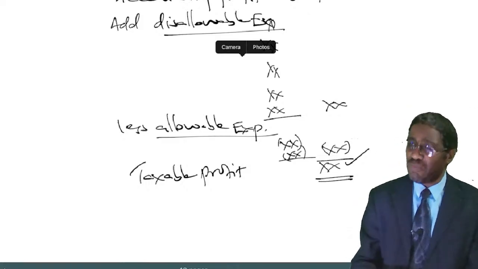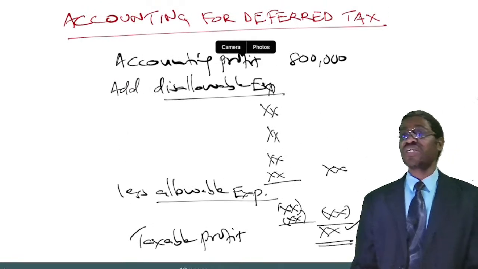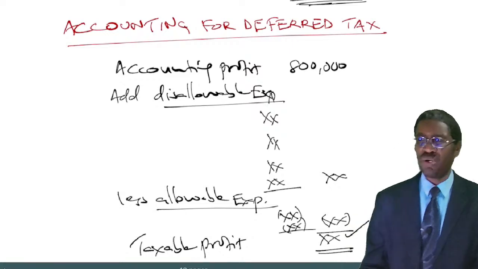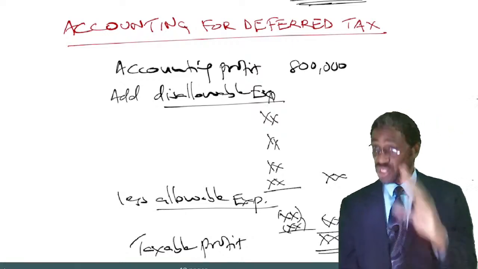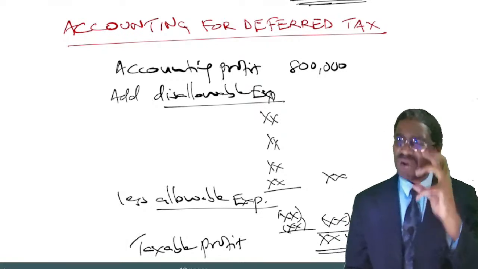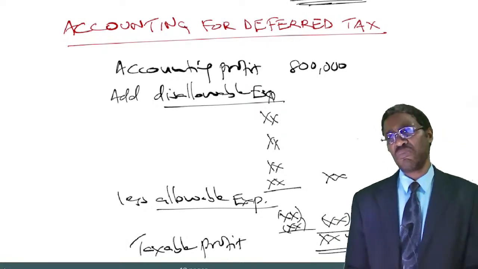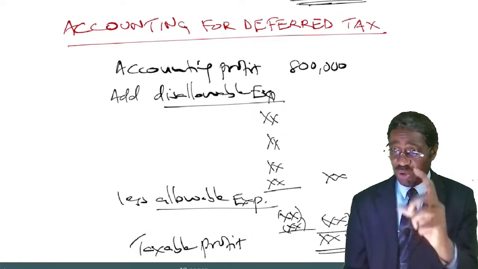The taxable profit: we normally take the accounting profit, add all the disallowable expenses, whichever they are, and minus the allowable expenses. Let me give you an example of a disallowable expense.